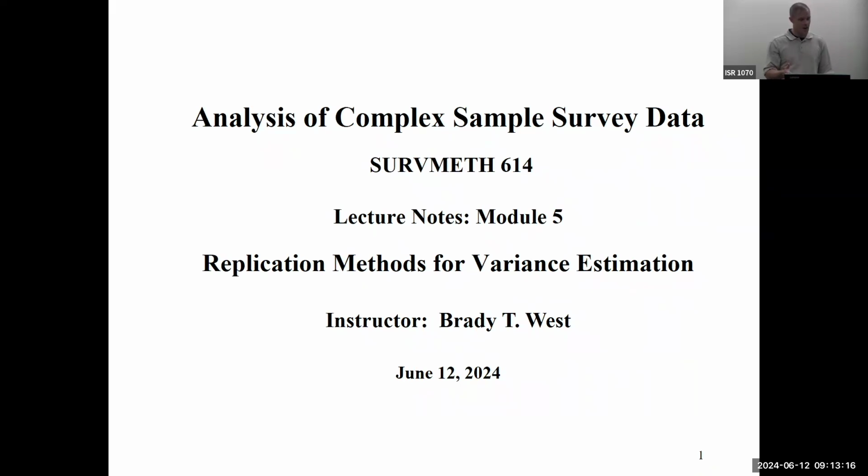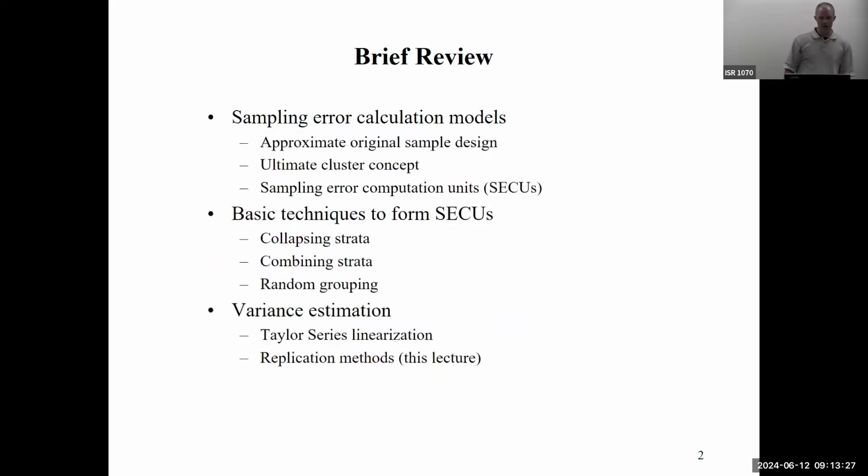So today, we're going to talk about an alternative to linearization that involves replication methods. And we'll talk about what this means. Okay, so just to review our discussion of variance estimation thus far. We talked last week about the notion of a sampling error calculation model.